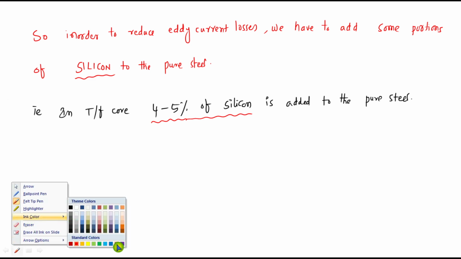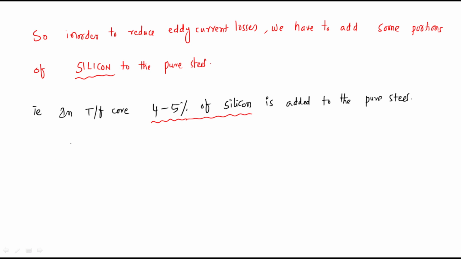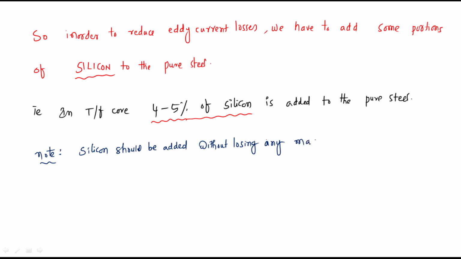But what is the important point? Note, silicon should be added without losing any magnetic properties of the core.